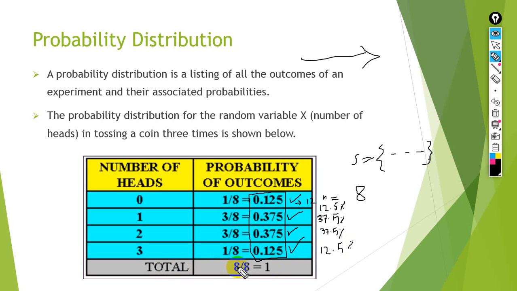Okay, total probability: 1 over 8, 3 over 8, 3 over 8, 1 over 8. So the total probability will be defined just like this: 1 over 8 plus 3 over 8 plus 3 over 8 plus 1 over 8.